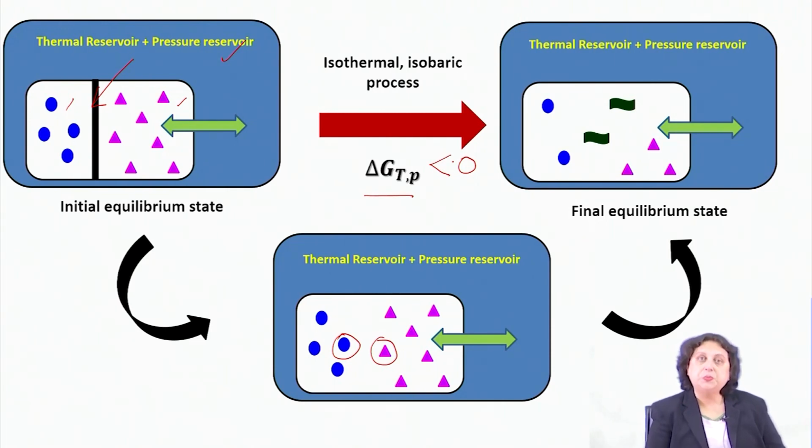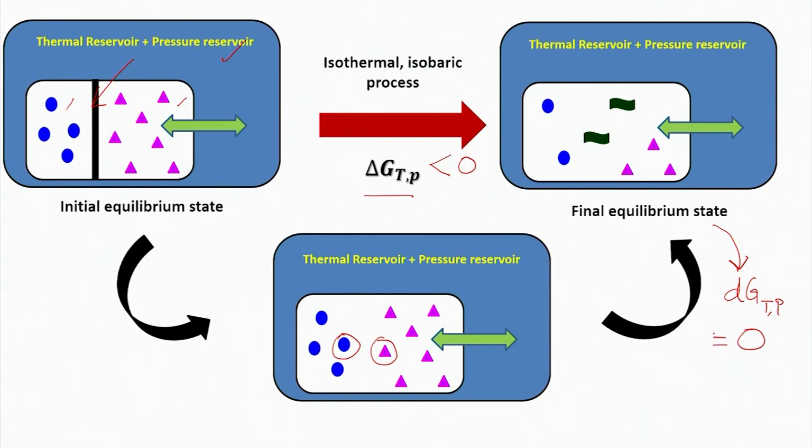Then if you want to perturb the system even more, there will be no further change in the Gibbs free energy, and therefore if I want to perturb the final equilibrium state, I will find that dG_TP would become equal to 0. That will confirm the fact that in the final equilibrium state, the given Gibbs free energy has attained a minimum possible value for the given experimental setup.